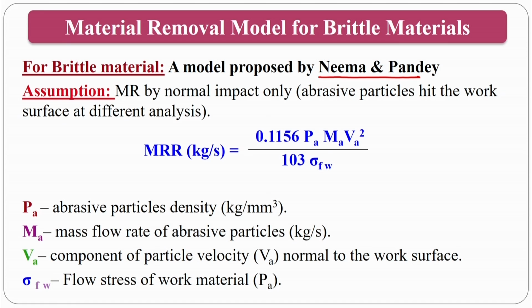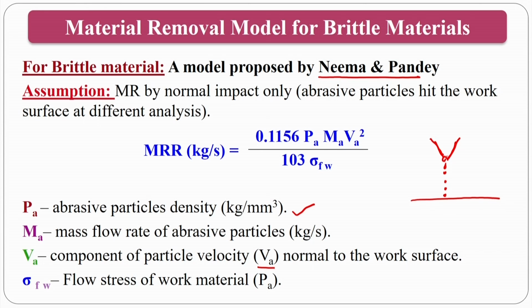MRR equals 0.1156 ρa Ma Va squared divided by 10 to the power 3 σFw, where ρa stands for abrasive particle density, Ma stands for mass flow rate of the abrasive particles, Va is the component of particle velocity normal to the work surface. That means assume that my workpiece is like this and my jet is like this, and abrasive particles are coming and hitting perpendicular to this particular surface.